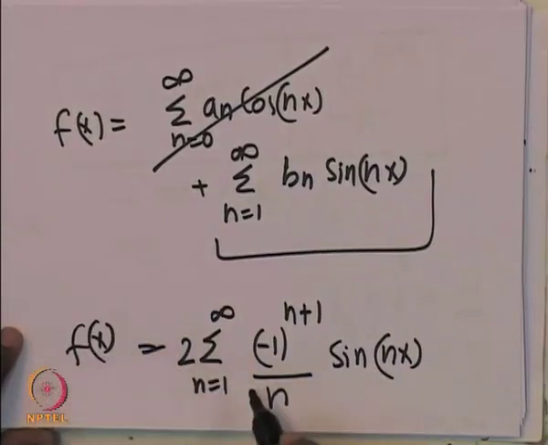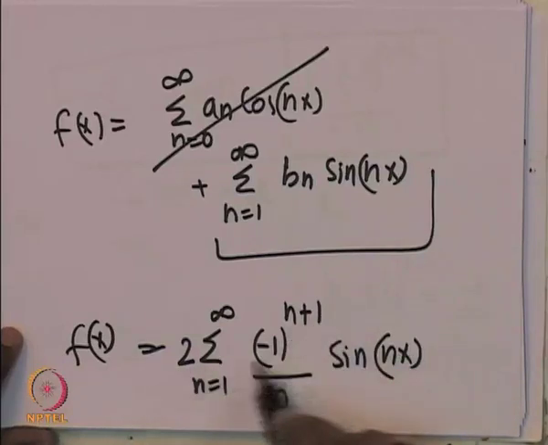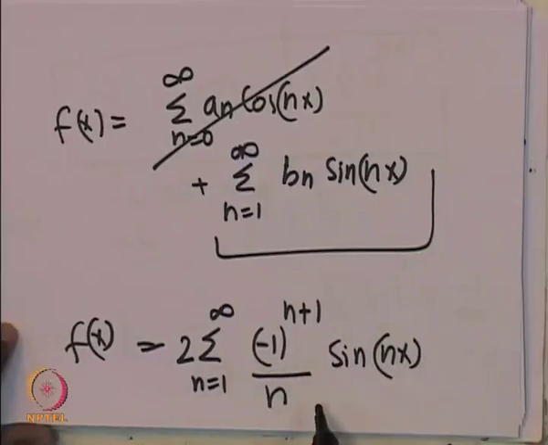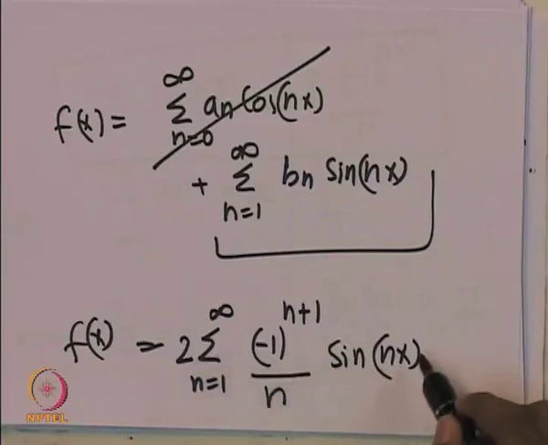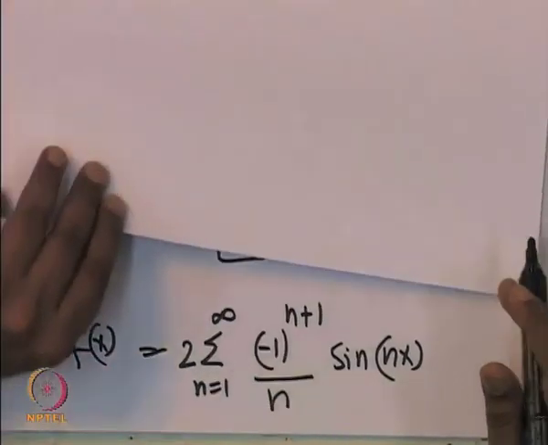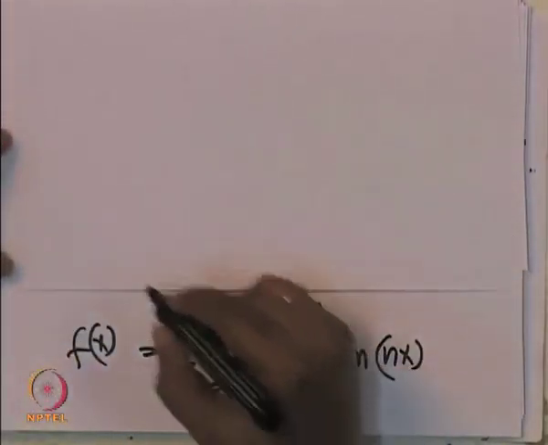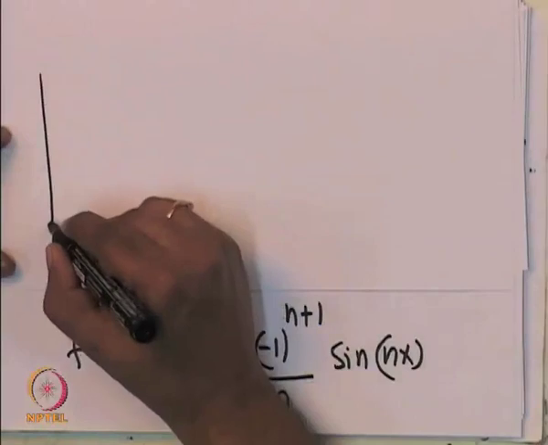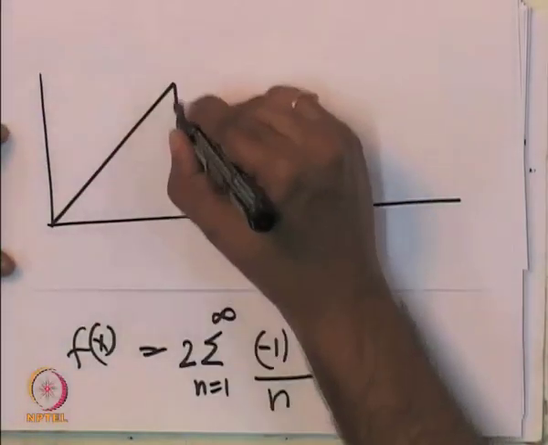So, f of x can be written as 2 into sum over sin n x times minus 1 whole power n plus 1 by n. So, this is an infinite series. There are many terms, but the claim is that if you sum this series, you will get this. If you do this sum infinite times, you will get this sawtooth like pattern, which is like this.